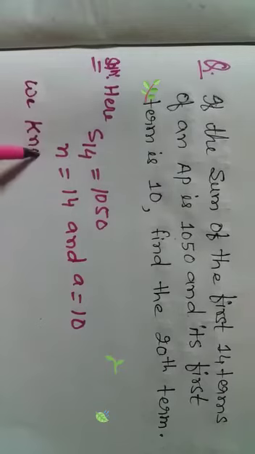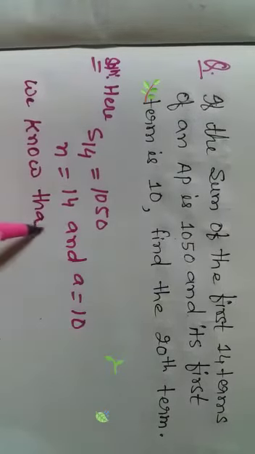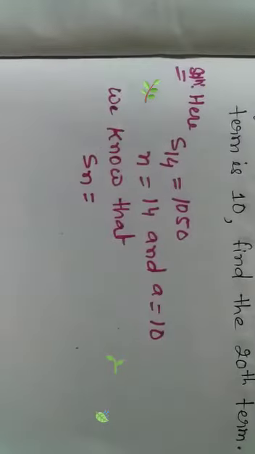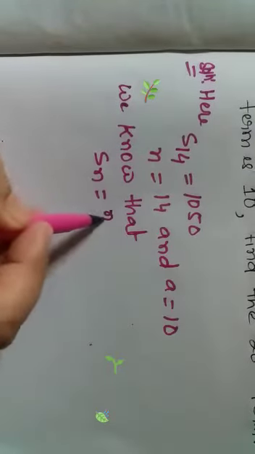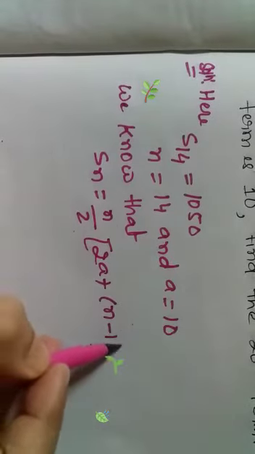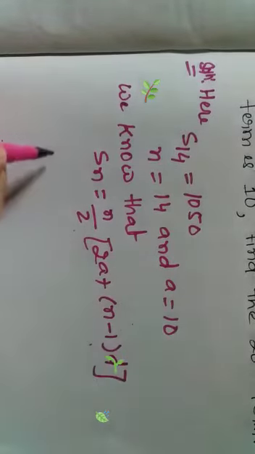We know that Sn is equals to n by 2 into 2a plus n minus 1 into d. Let us substitute all the values.